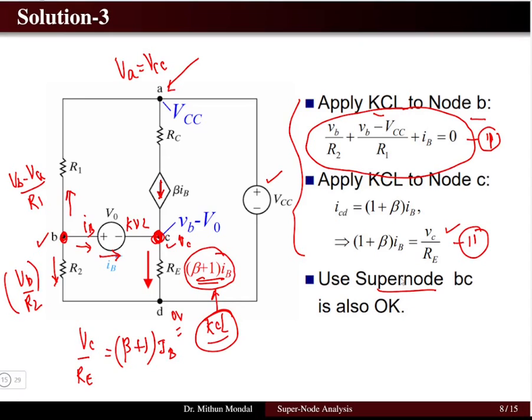If we do not want to apply the supernode, the normal KVL and KCL are also sufficient here to solve the problem. So this problem shows how, without applying the supernode, by assuming the direction of the current entering and the KVL equations, we can obtain the solution for any problem.